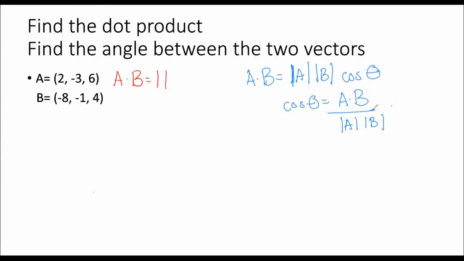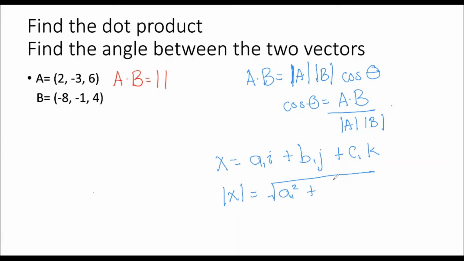Since we already know our a dot b, let's find our magnitudes. Again, using the formula, for reference, let's say we have another vector x equal to a1 i plus b1 j plus c1 k, then the magnitude of x will be equal to the square root of a1 squared plus b1 squared plus c1 squared.